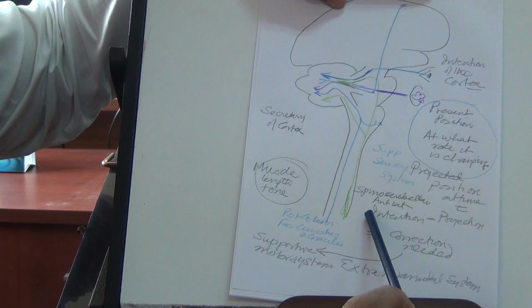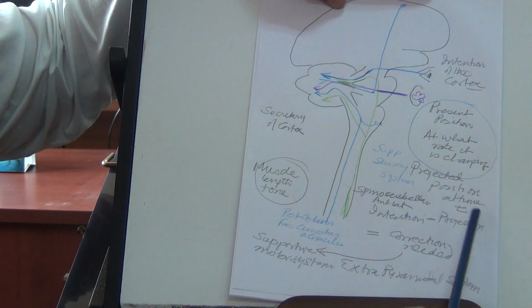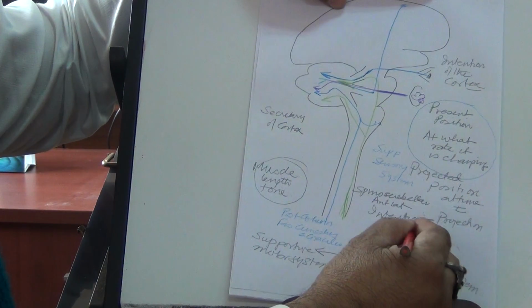Now it subtracts the intention of the cortex and the projected position, and finds out what correction is needed.